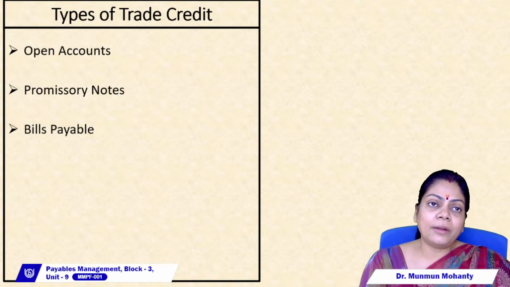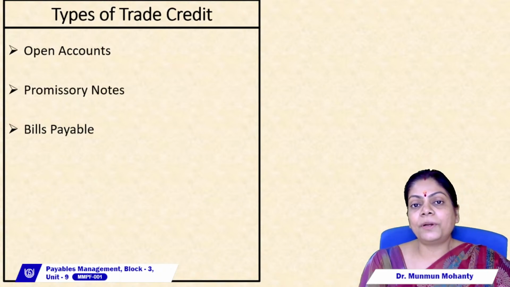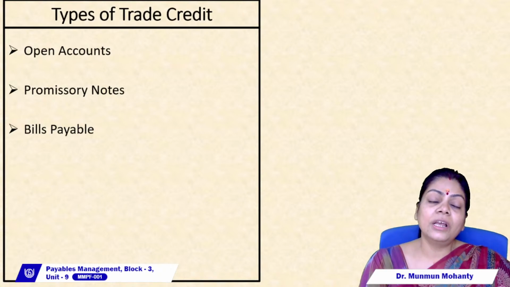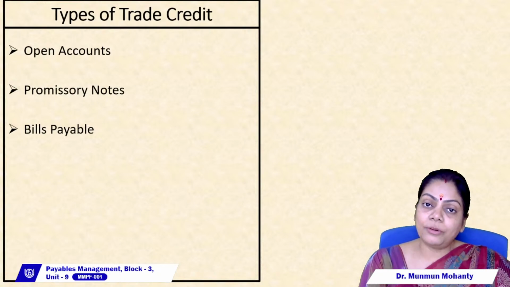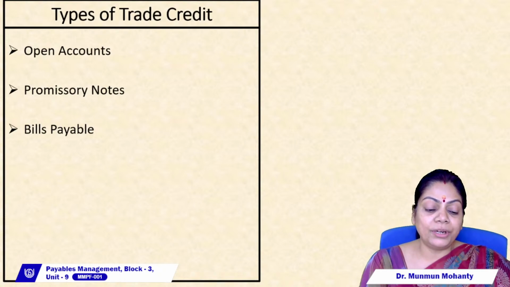The buyer and supplier, by virtue of doing business for a long period of time with each other, have developed a certain creditworthiness, a certain trustworthiness among themselves. And when the supplier is confident of the creditworthiness of the buyer, then he dispatches the goods required by the buyer without any documentary evidence.